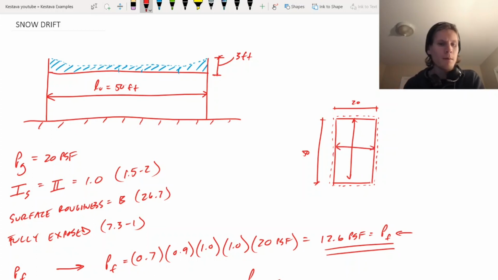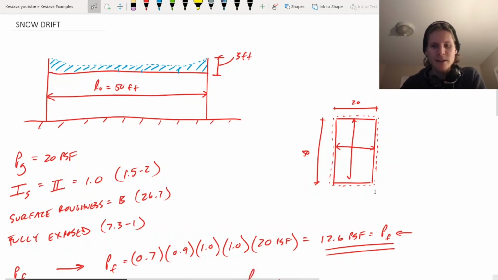So just remember that it's not always the same. If it was a 50-foot square box, then yeah, it would be the same L sub U for the calculations for each parapet of each side. But if you have a different shaped building, just keep track of that. Make sure you're keeping things tight and crisp, okay?